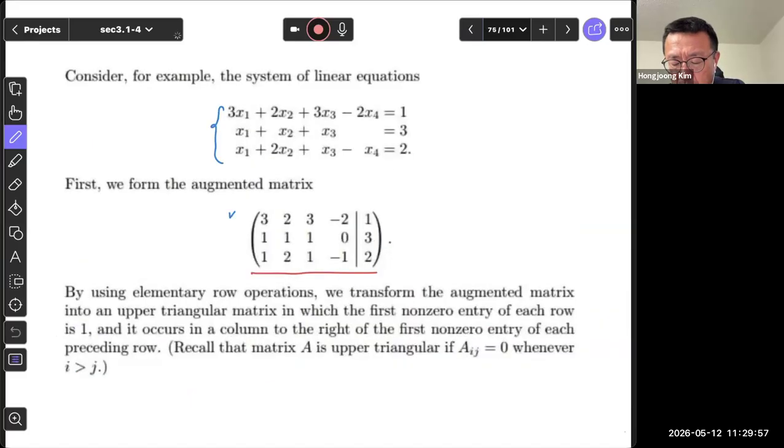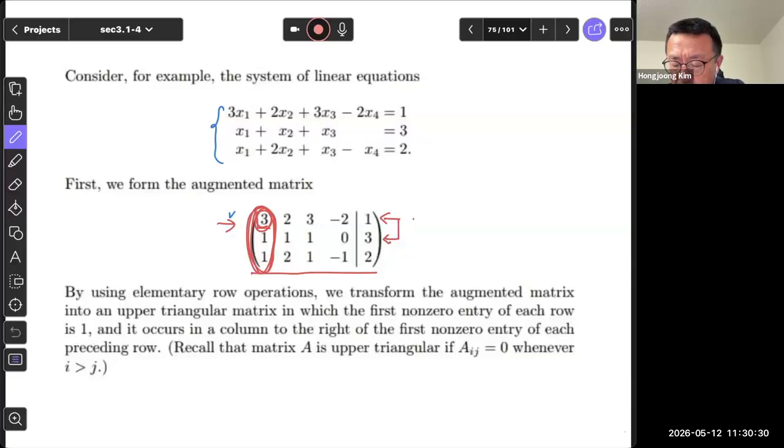So the leftmost non-zero column is the first column. And in the first row, I want to have 1, but now I had 3, right? So there are several ways to have 1. You may interchange the first row with the second row, then you will have 1.